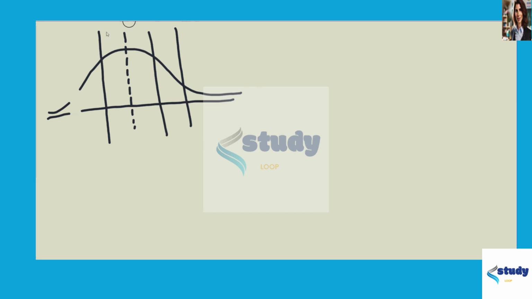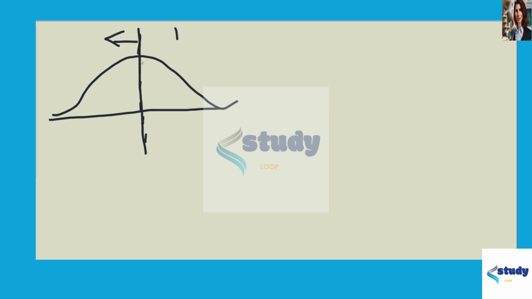So let me erase this and redraw my normal curve. When I draw my normal distribution, I draw a dotted line to represent the mean. Notice that 50%, or half, of my z-values are going to be lower than this point right here.